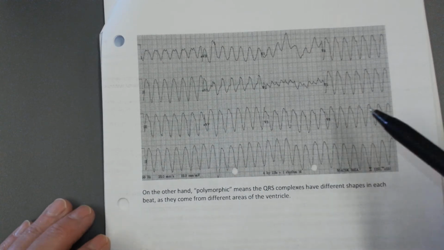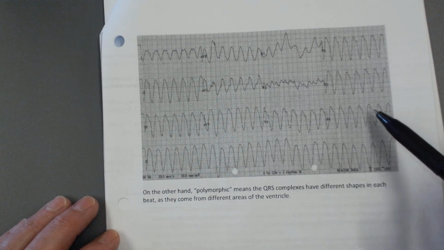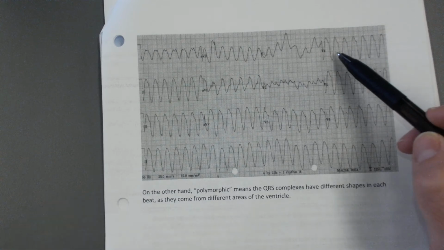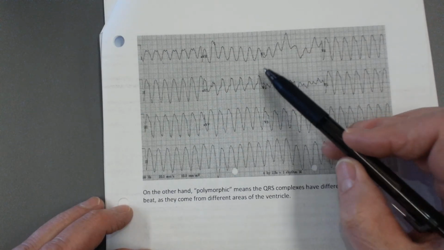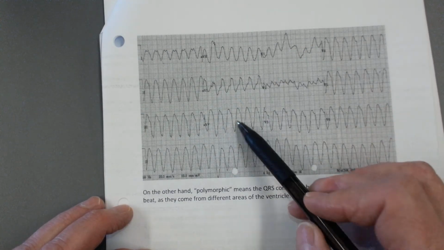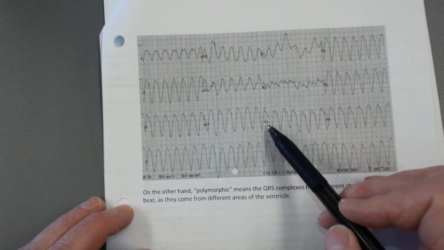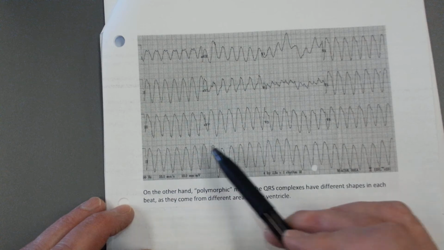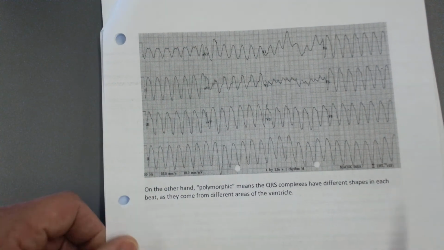If you go to the different leads, the various characteristics of each one of these is the same. They're also more or less roughly the same height, with some exceptions, of course. In fact, they look monotonously the same. So that's a feature of a monomorphic tachycardia.